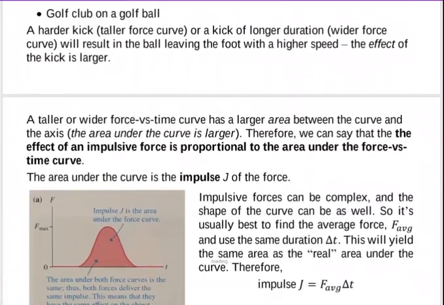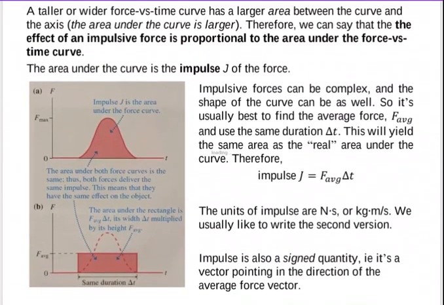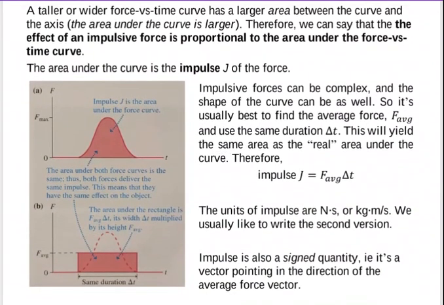All right, so the taller or wider force versus time curve has a larger area. The area between the curve and the axis, so the area under the curve is what we're talking about now. If we make the area under the curve larger, we can change the effect of the impulsive force.